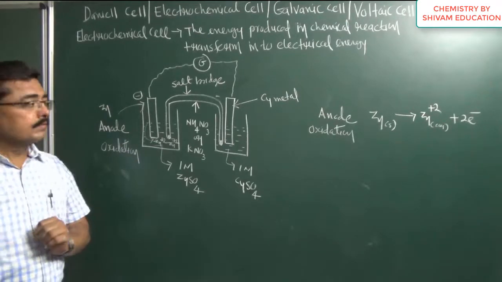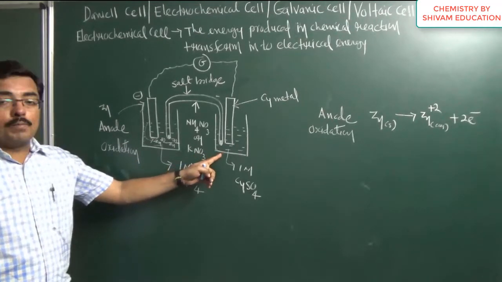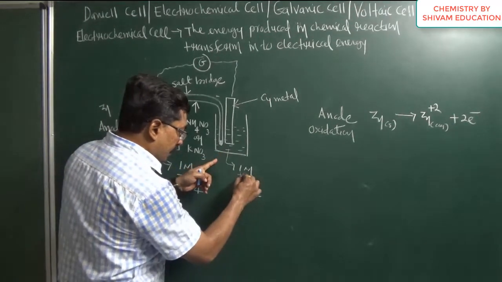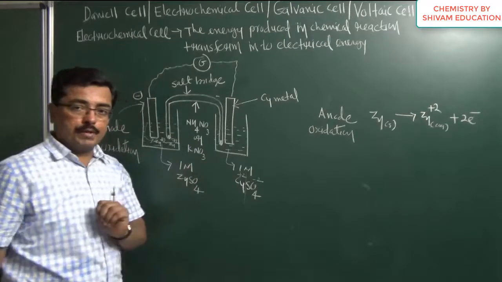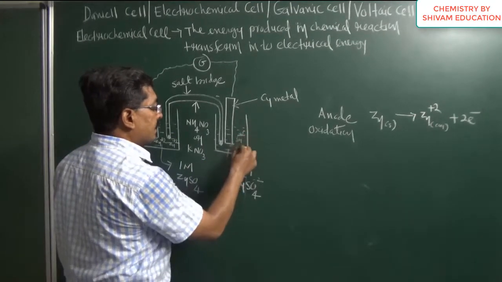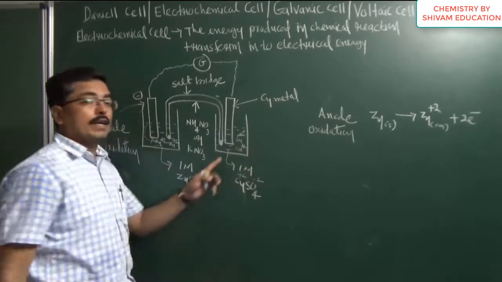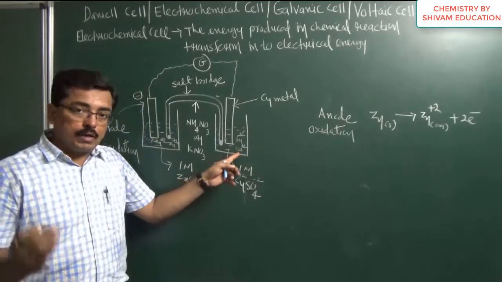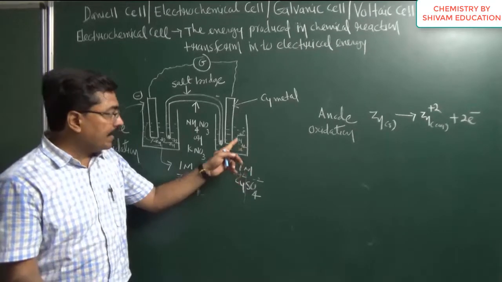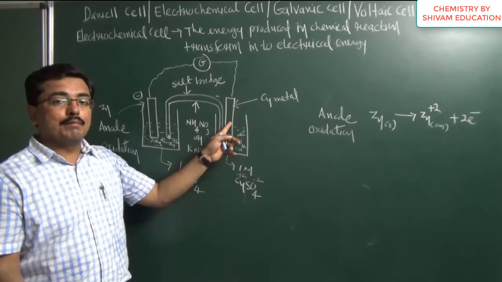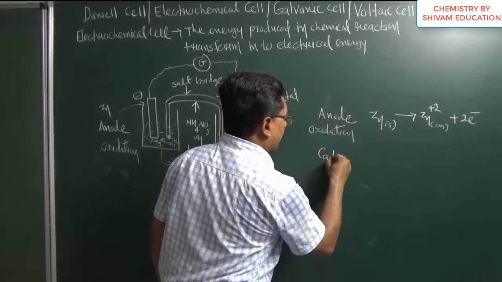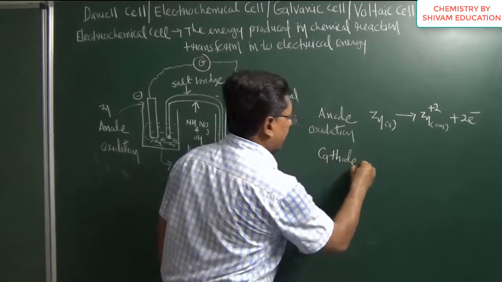Now second thing, in copper sulfate solution there are two types of ions. One is copper 2+ and second is sulfate SO4 2-. So copper 2+ ion has a tendency that it will start to gain electrons. So copper 2+ ion present in the solution will be attracted toward this copper electrode, and this copper electrode will act as a cathode.